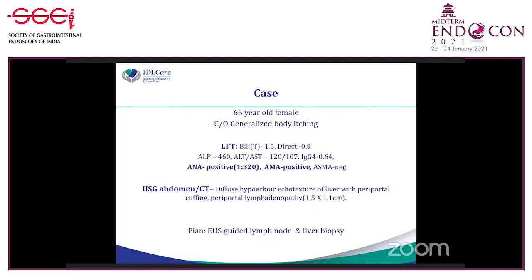So this patient was referred to me for biopsy of the lymph node and also of the liver, because there is a suggestion based on history and biochemistry of an autoimmune hepatitis. So the plan is to do EUS and look at the liver, take a liver biopsy and see the lymph node, and if required, take a lymph node biopsy.